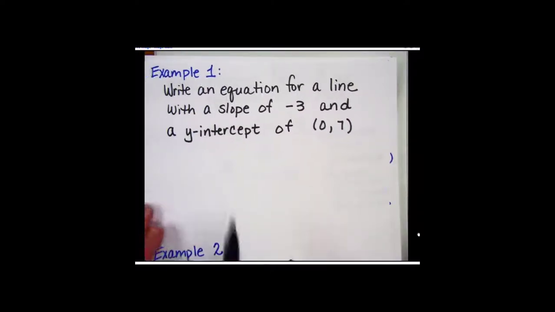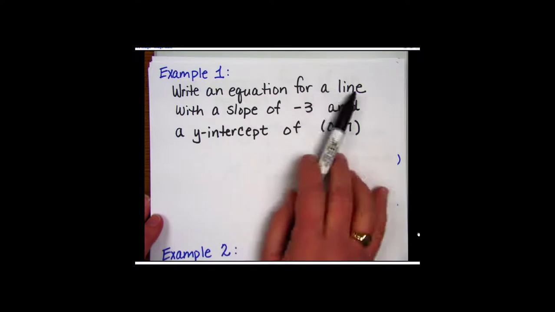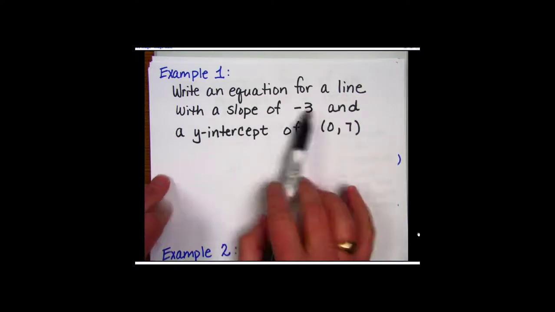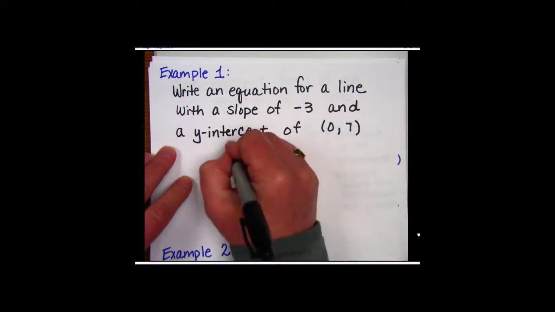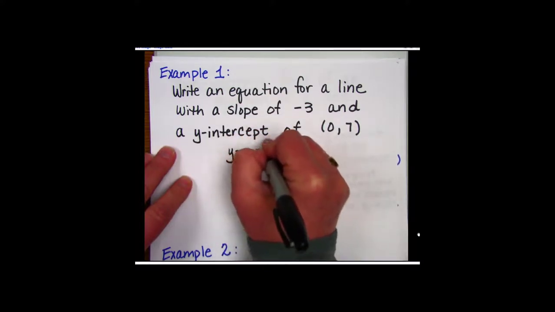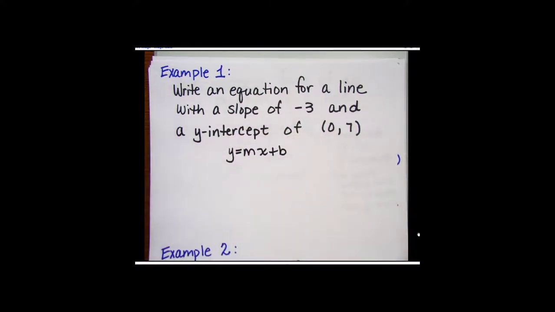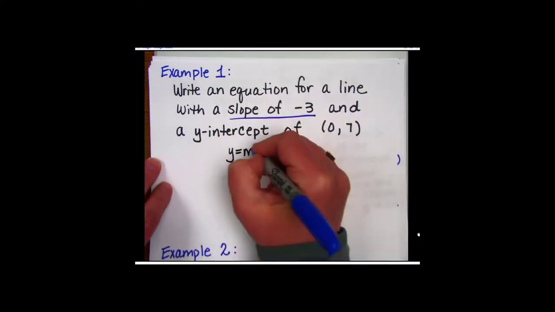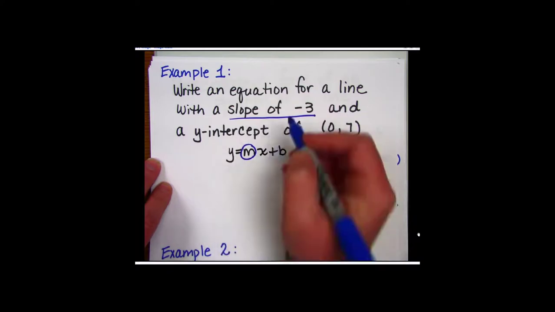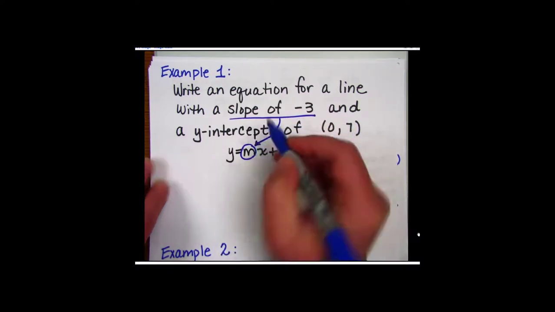In example 1, they ask us to write an equation for a line with a slope of -3 and a y-intercept of 0, 7. So we're going to start with y equals mx plus b. Slope of -3, don't overcomplicate that. This is my slope, so my -3 is going to go in there.